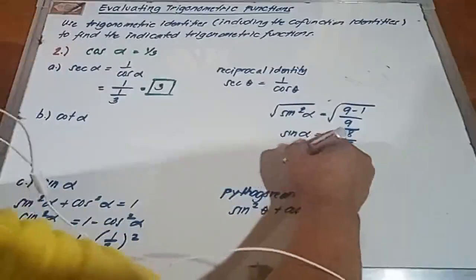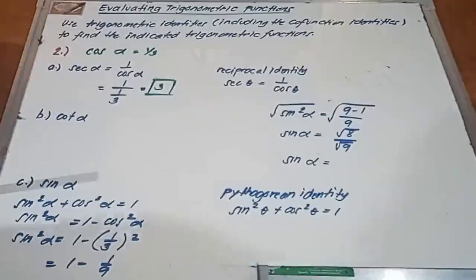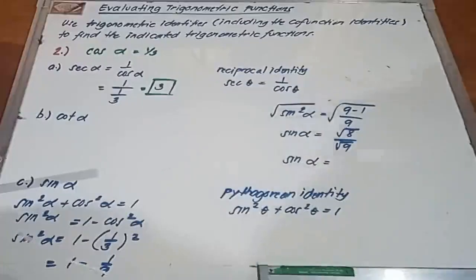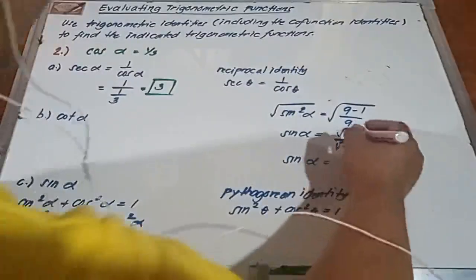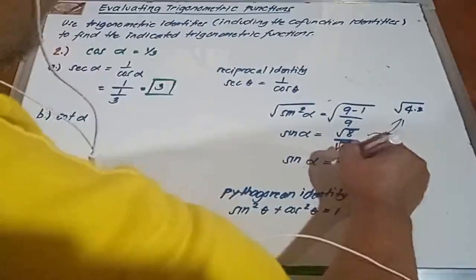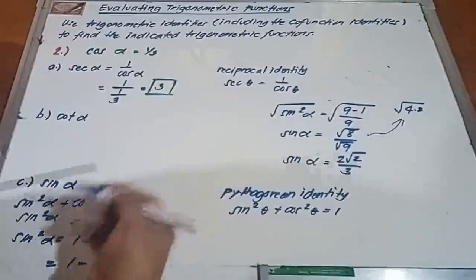What we're going to use is the positive one because we're going to deal with only acute angle, which in standard position is located sa first quadrant. Saka natin pag-aaralan sa mga next lessons natin yung angle na more than 90 degrees, or hindi acute angle. So this one is equivalent to 4 times 2, right? So pwede natin ilabas yung 4. So we have 2 square root of 2 over 3. So yun yung sine alpha.